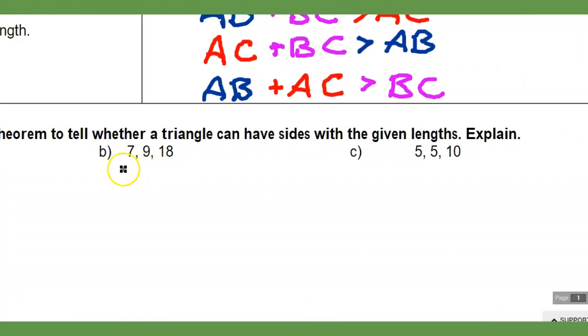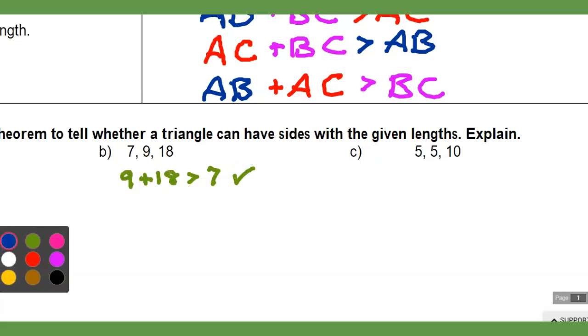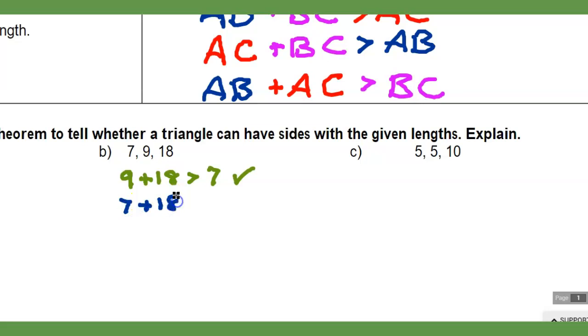Okay. So here we'd say, let's say 9 plus 18, is that bigger than 7? Yes. Okay. So keep going. Is 7 plus 18 bigger than 9, the third side? 7 plus 18, clearly bigger than 9. That's good.